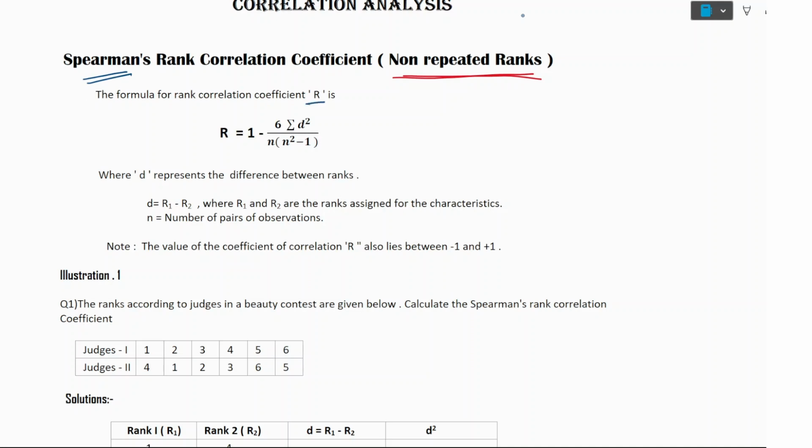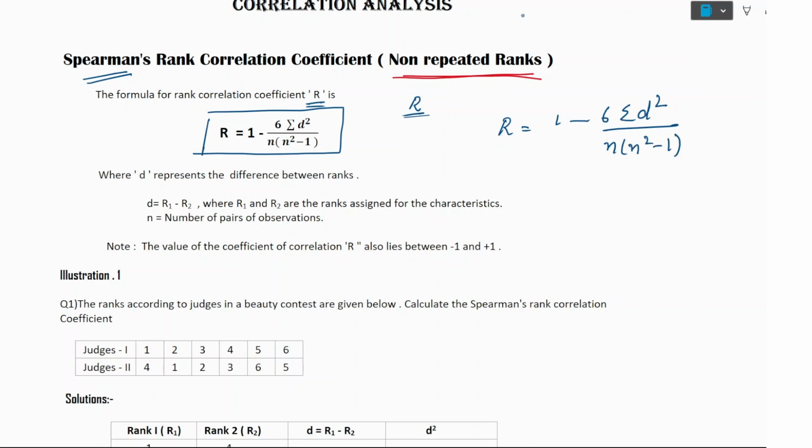The rank correlation coefficient is denoted by capital R, and the formula is R equal to 1 minus 6 into sigma d square divided by n into n square minus 1.